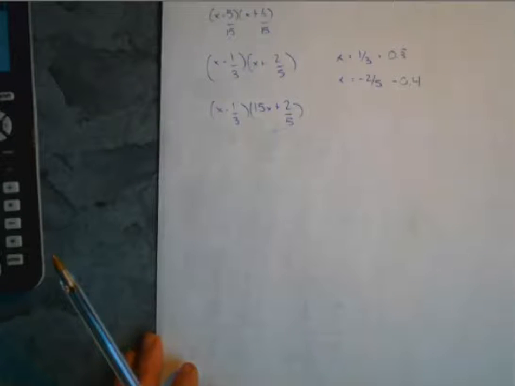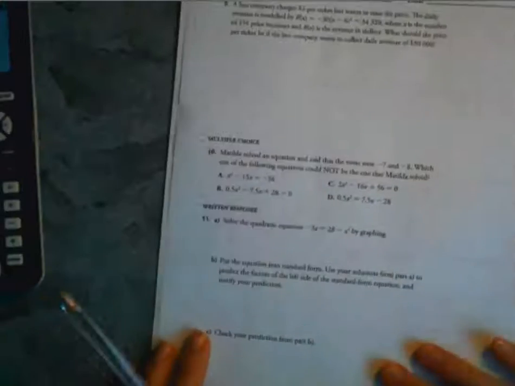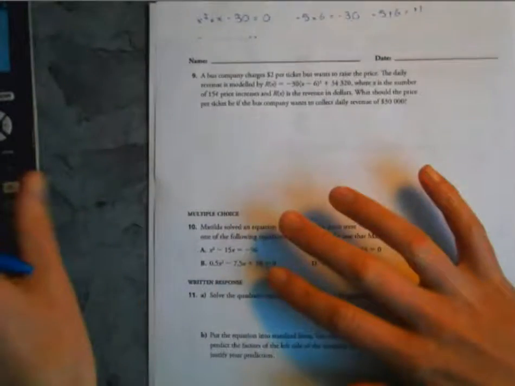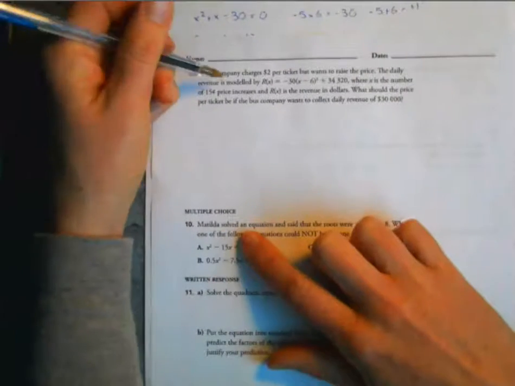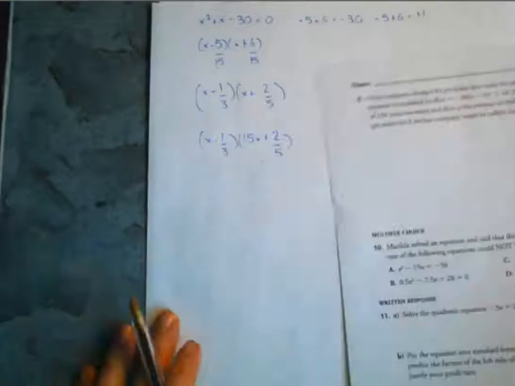Okay, last question here is number 9. It says a bus company charges $2 per ticket but wants to raise the price. So we have a daily revenue modeled. I'm just going to flip this around so I have more space to work.